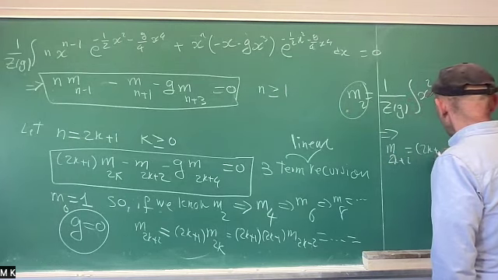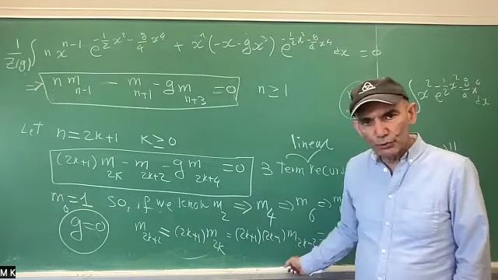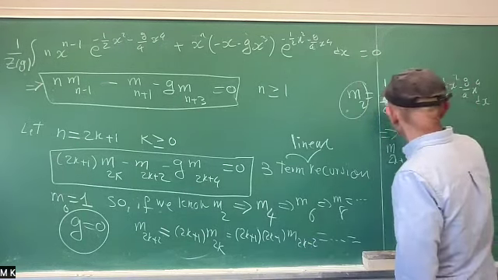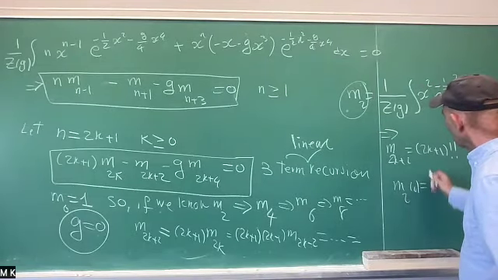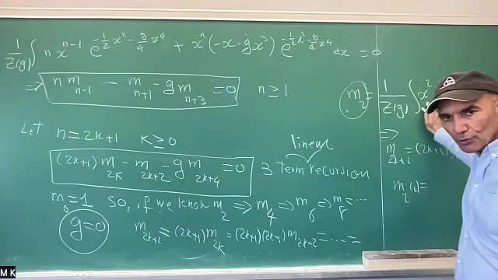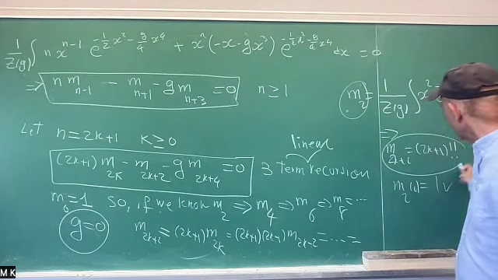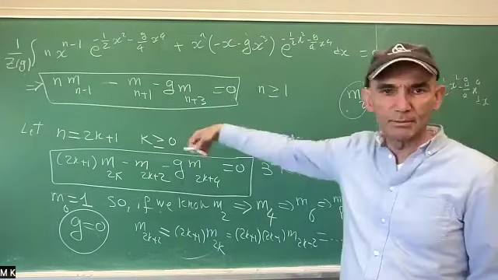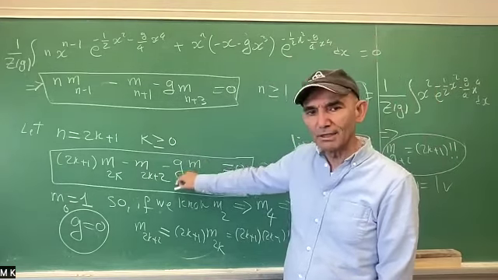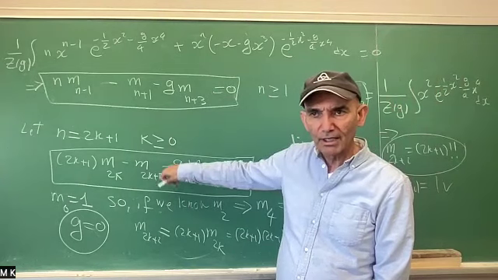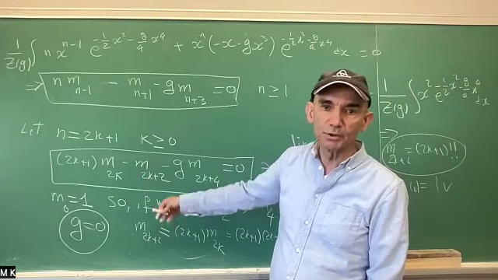So you continue all the way, and finally we get m_{2k+2} equal to (2k+1) double factorial, because it boils down to m2 of 0, which is just the variance of the standard normal, which is 1. And this is the formula that we recalled at the beginning. So this is also an alternative way of getting moments of the standard normal distribution.